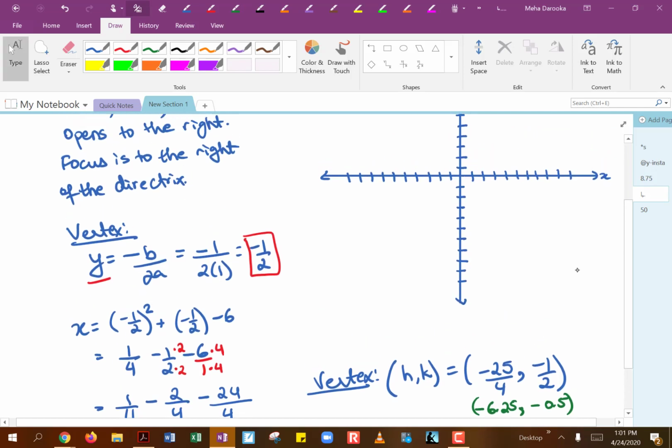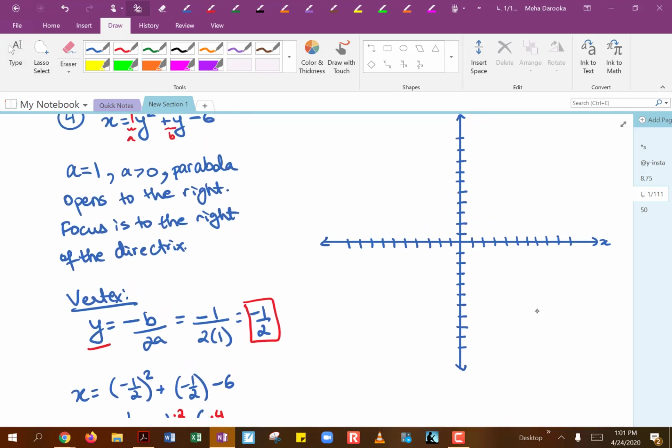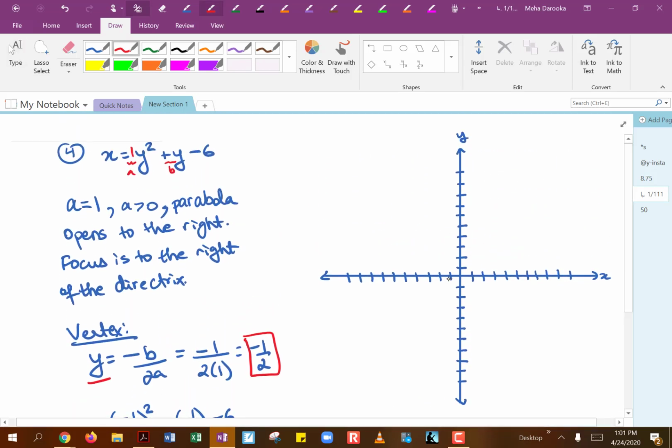So this will help us in the graphing. Negative 6.25 and negative half. Somewhere over there is where the vertex of our parabola is going to be. So this here, the vertex is at negative 25 over 4 and negative 1/2.